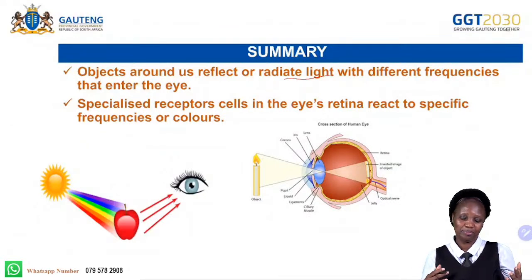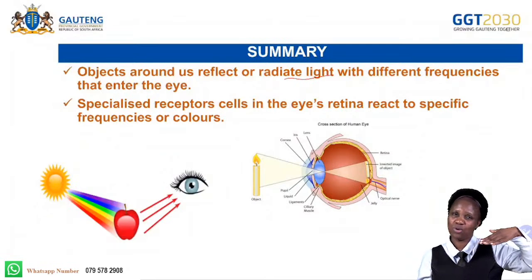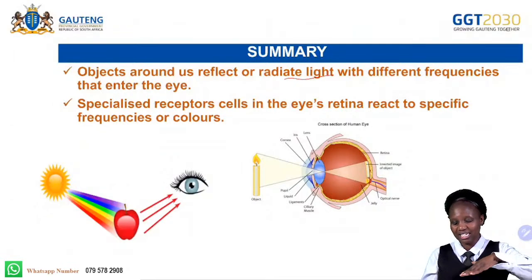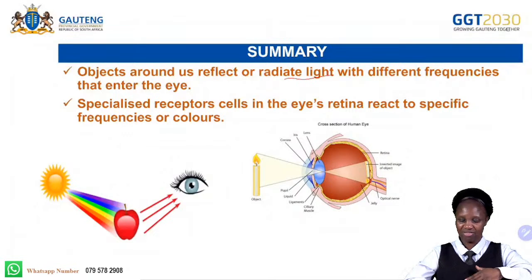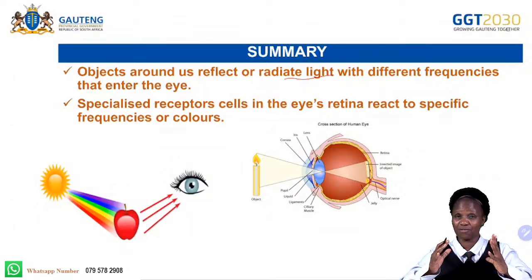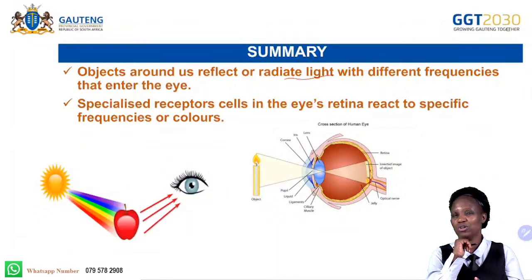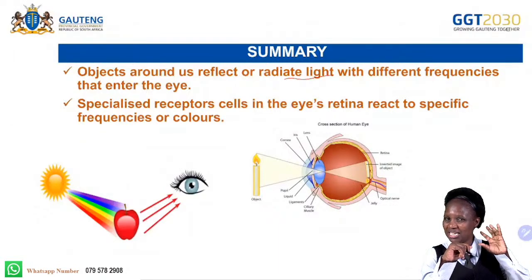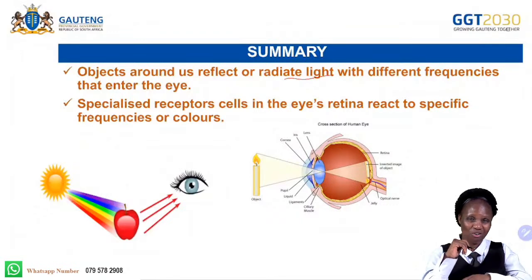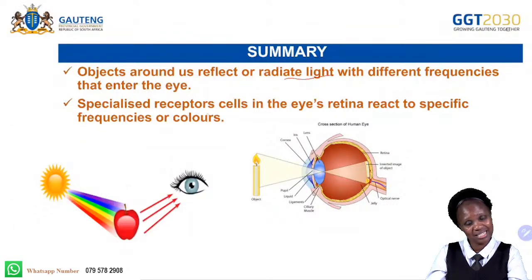For example, let's say white light is coming in, then it strikes the surface, and then the other colors of the visible spectrum will be absorbed, and the one that is reflected to our eyes, the light that enters our eyes, that's what we're going to see. That's what the brain is going to interpret, right? And then specialized receptor cells in the eye's retina react to specific frequencies of colors, right?